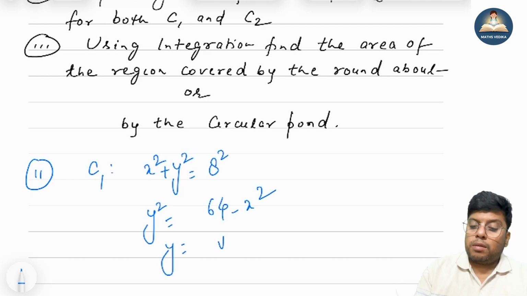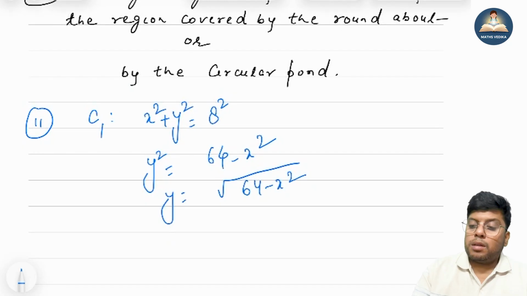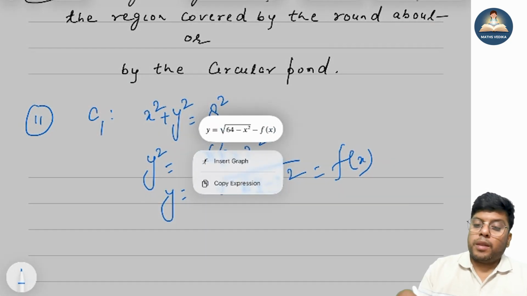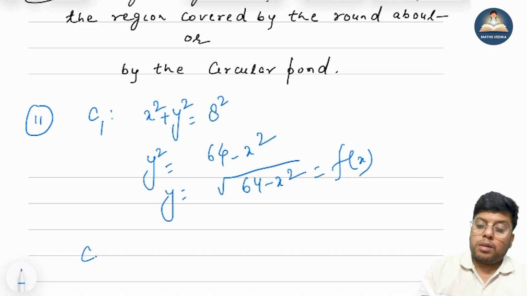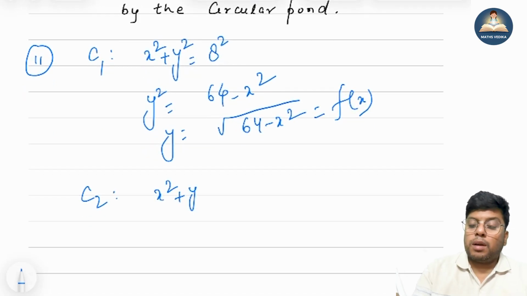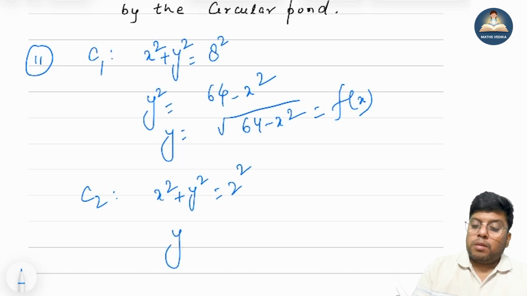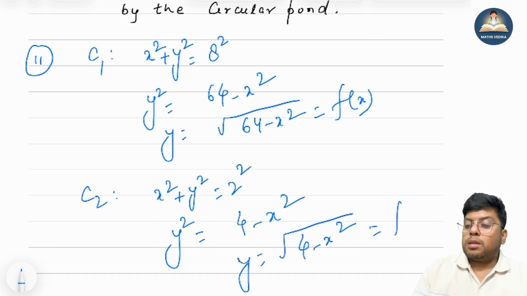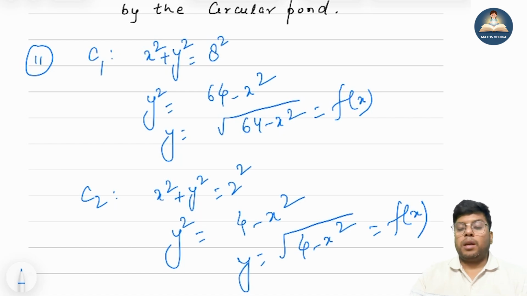So y will be equal to root under 64 minus x square, which is f of x. Similarly, for C2, we have x square plus y square is equal to 2 square. So y square is equal to 4 minus x square. Y is equal to root under 4 minus x square, which is f of x.